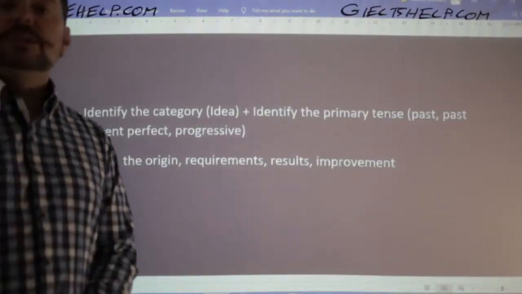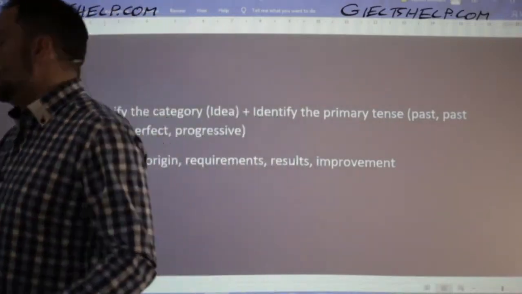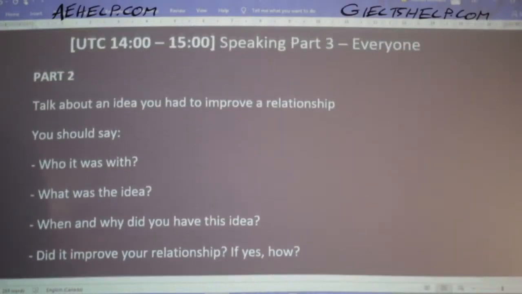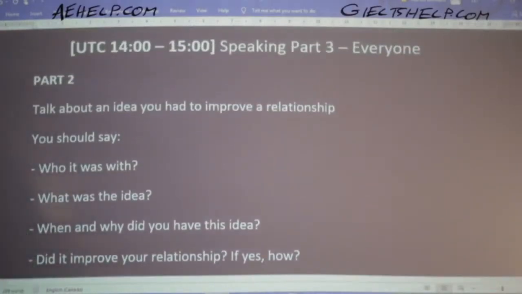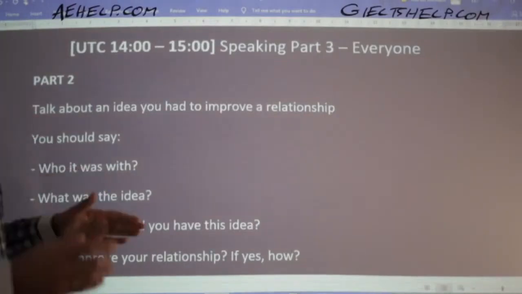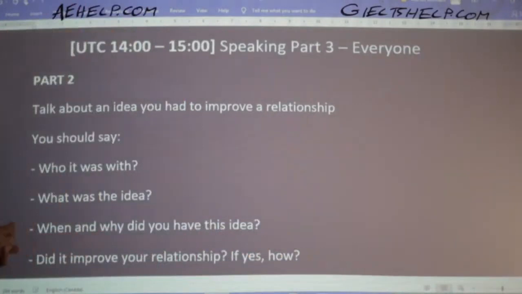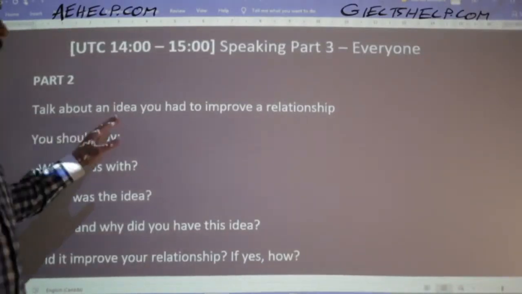Deepika says, what should the examiners read? I don't understand. Deepika, the examiner should read the topic statement of the card. So just one more time so that's clear for students. The examiner should say, so they're really trained in a very standard kind of way. And the standard says for the examiner to conduct part 2 by saying, talk about an idea you had to improve a relationship.